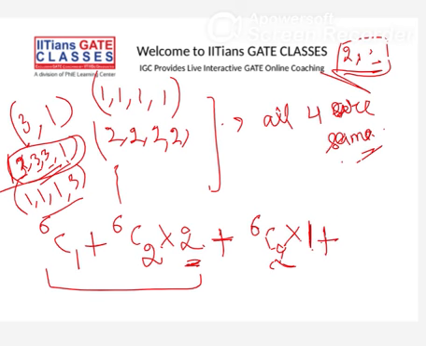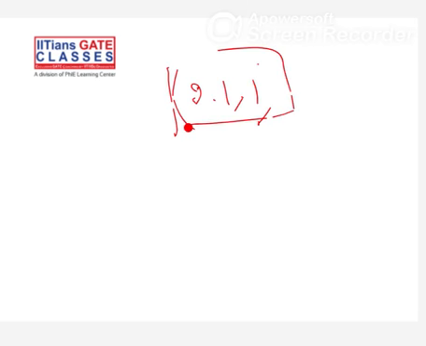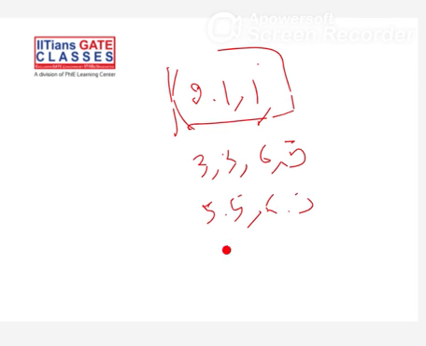Now, one another possible arrangement is 2 comma 1 comma 1. So you select three numbers first and place them like 3, 3, 6, and 5, or you can get 5, 5, 6, and 3, or 6, 6, 5, and 3.